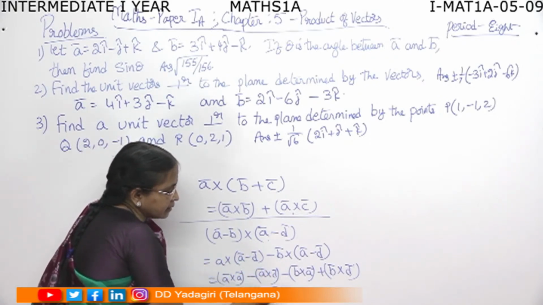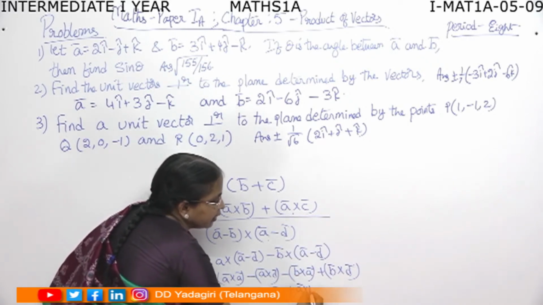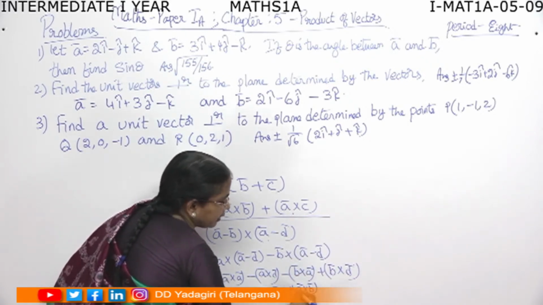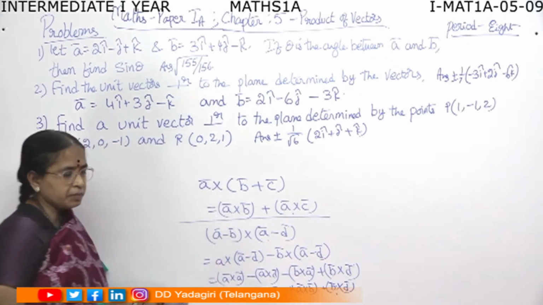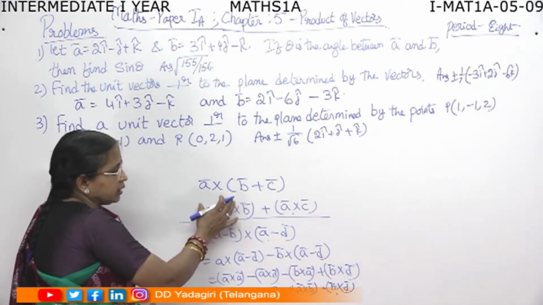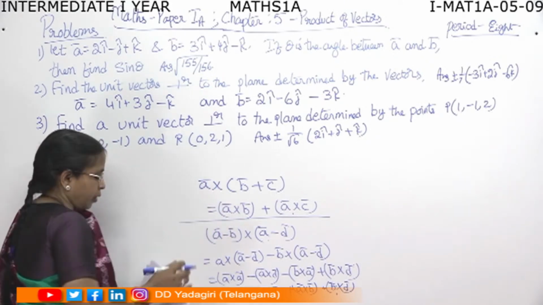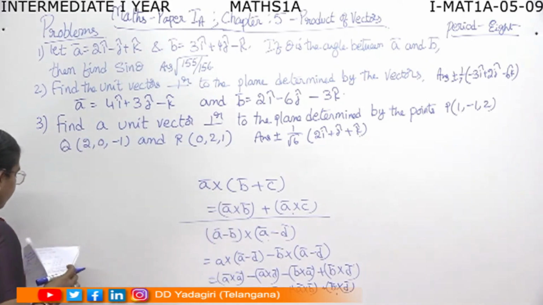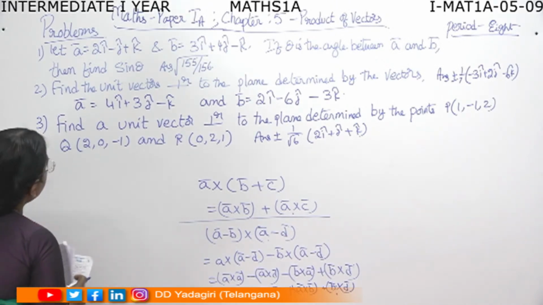So it becomes plus D cross A. And this also I can write as plus A cross B. And this is already plus, so I'll write plus only. According to the problems we will simplify like this. So you understood the procedure now. You are using the distributive property of vector product. Now we'll continue with the problems.